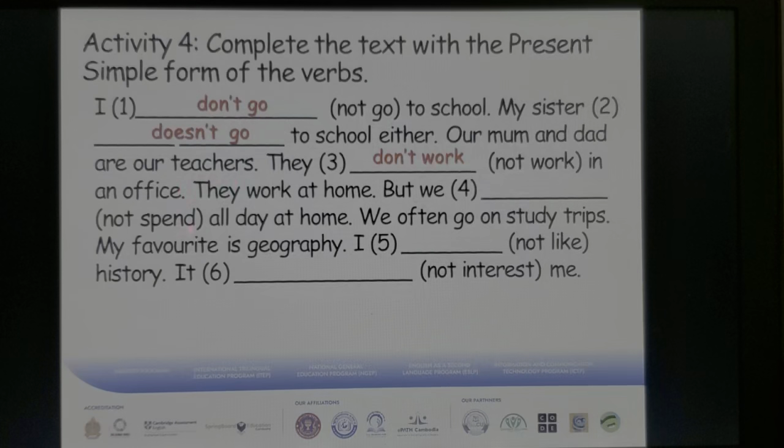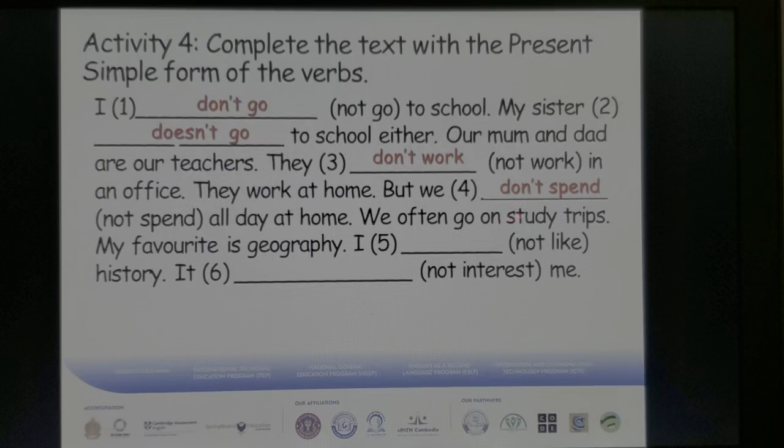In an office, they work at home, but we the verb not spend. Okay, see that verb not spend again. So negative again. So but we what? We don't spend. Okay, but we don't spend all day at home.